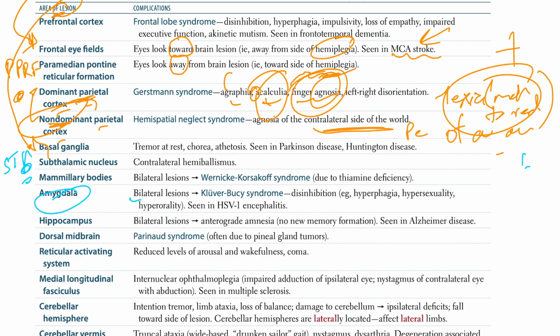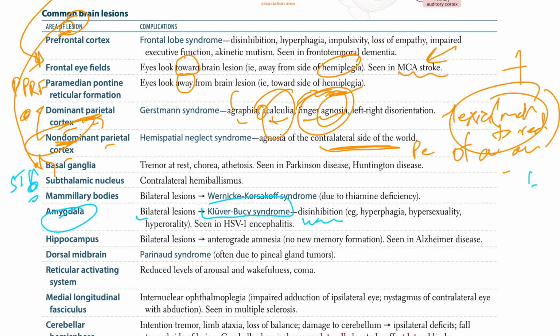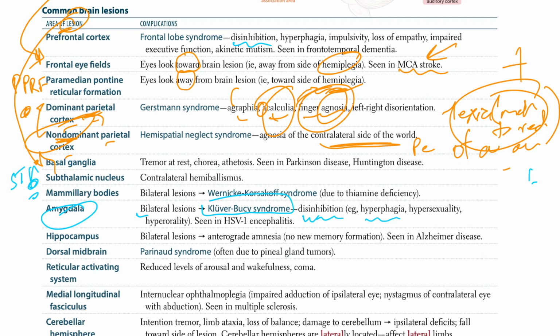Amygdala: if you have a bilateral lesion of the amygdala, you call it Kluver-Bucy syndrome, which is, again, disinhibition. We talked about disinhibition up top, which is hyperphagia, hypersexuality, hyperorality. It is also seen with herpes simplex virus 1 encephalitis.